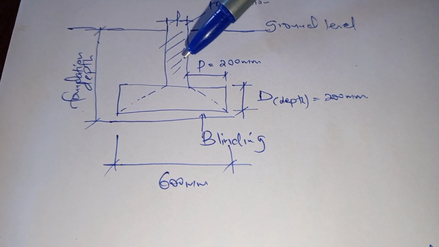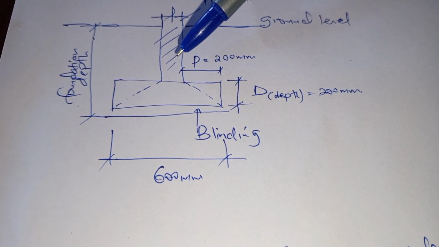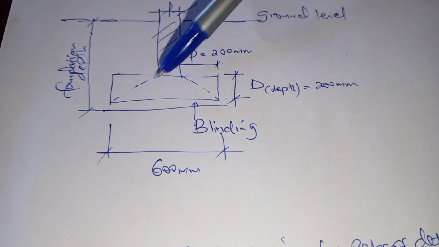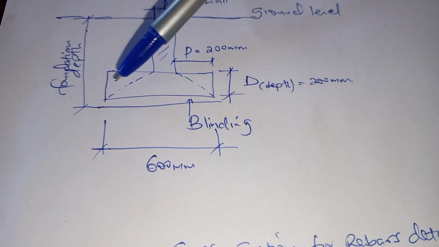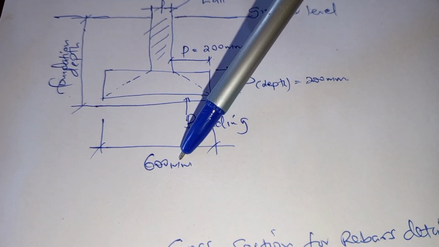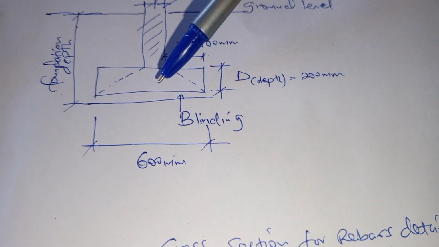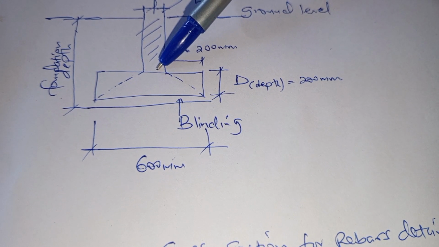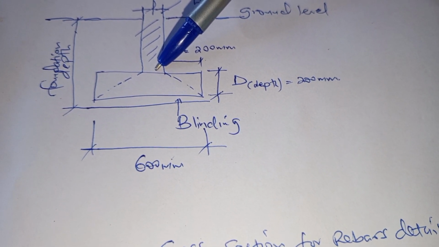For example, if our foundation walling is 200 millimeters and the overall width of our strip footing is 600 millimeters, then subtracting the 200 for the walling leaves a remainder of 400 millimeters.